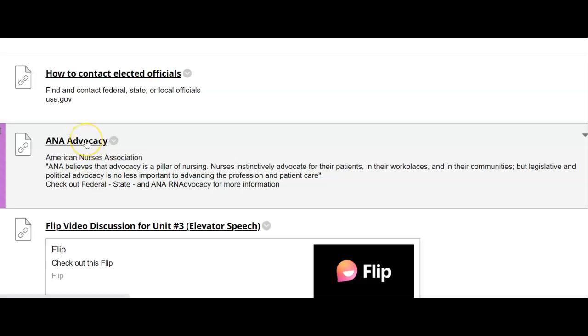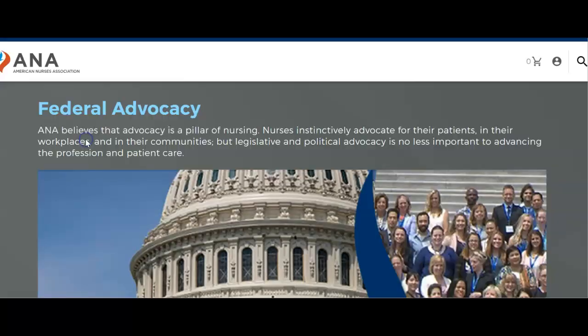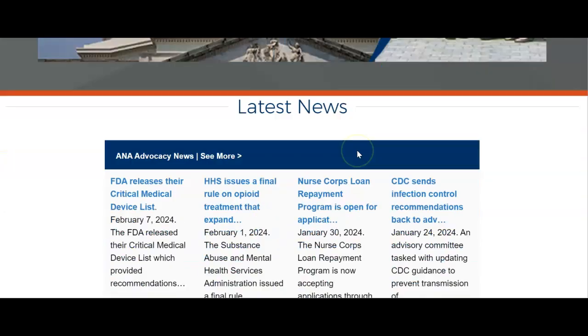But let me just go on to this for a minute. This is the American Nurses Association, and this is their advocacy page. They believe that advocacy is indeed a pillar of nursing, and it includes legislative and political advocacy as well. That's what we're really looking at.